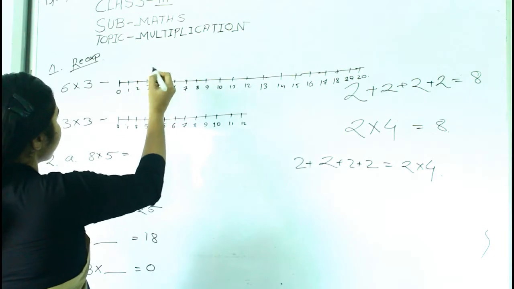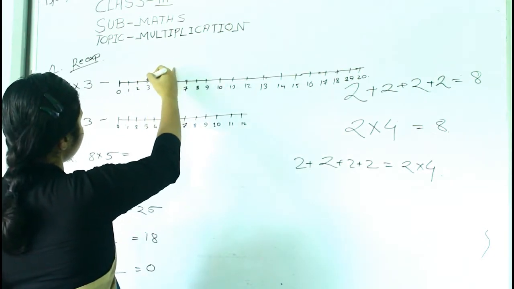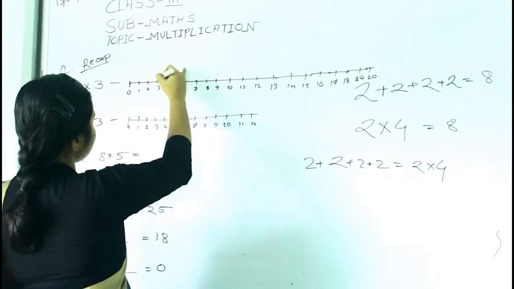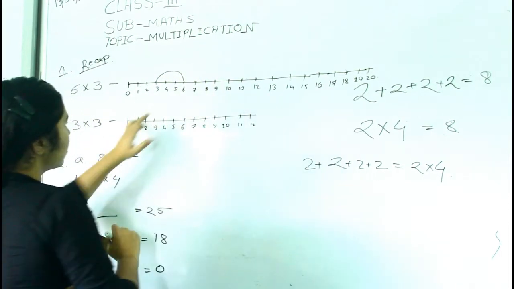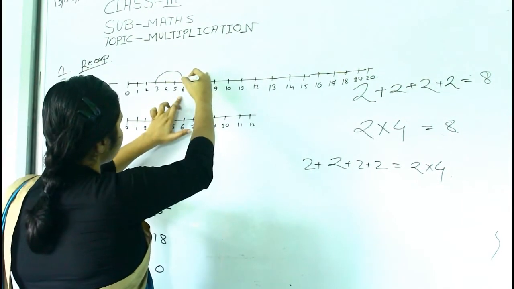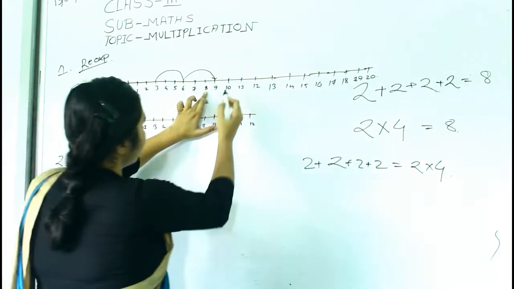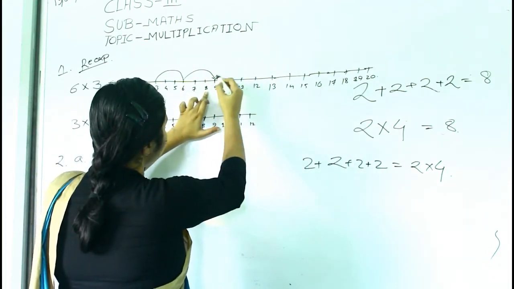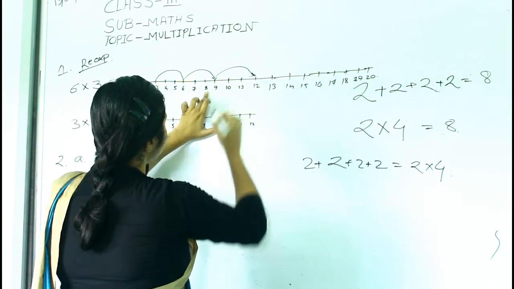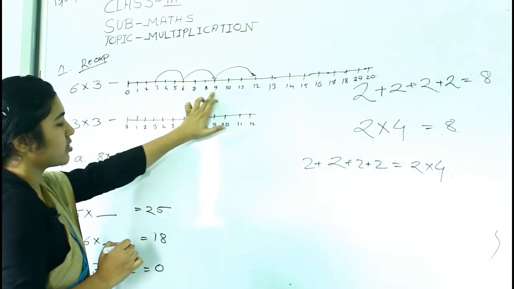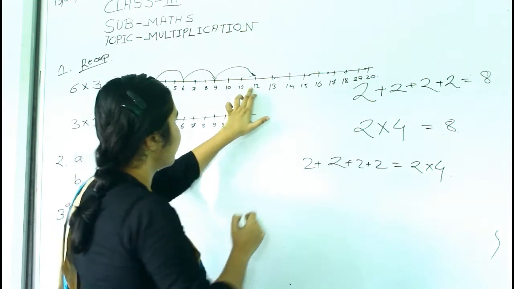So here from the table of 6 we know 6 ones are 6. Next 3 3s are 9. Next 3 3s are 9, 3 4s are 12.